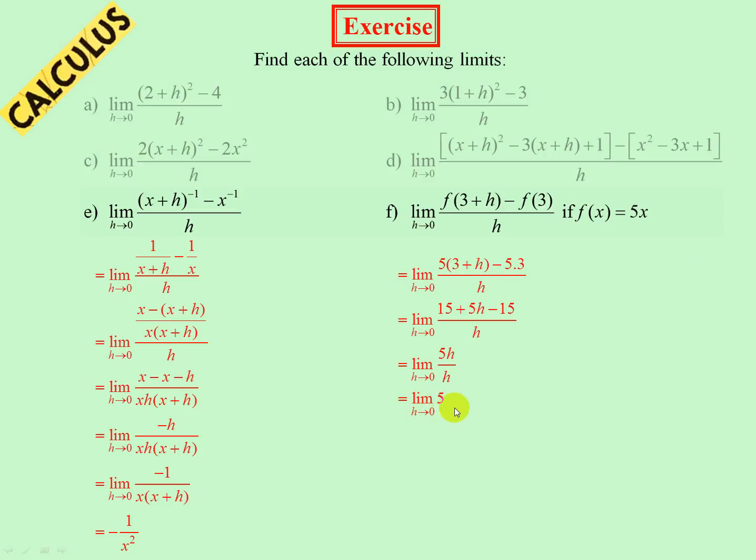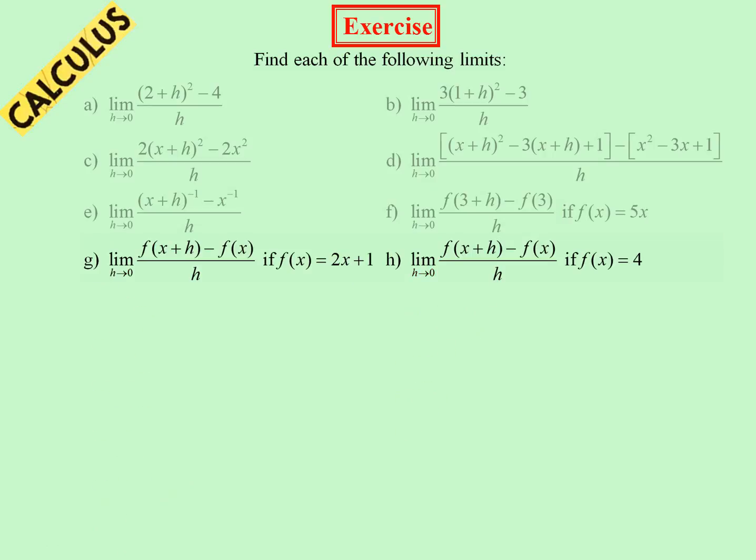Limit of 5 as h tends to 0. Well, 5 is a constant, so 5 stays as 5. Therefore, the limit is 5. Now we have to find f of x plus h by putting x plus h instead of x. So therefore, this whole bit here is f of x plus h.